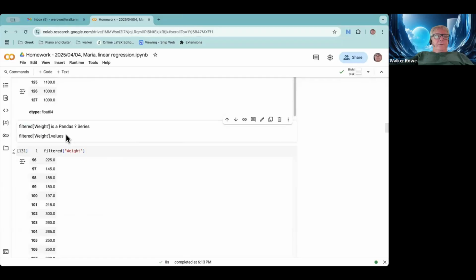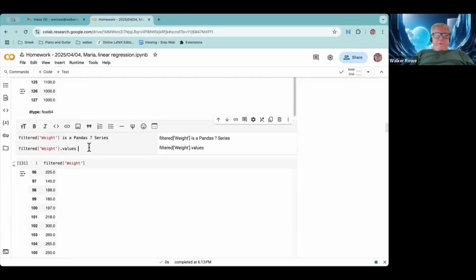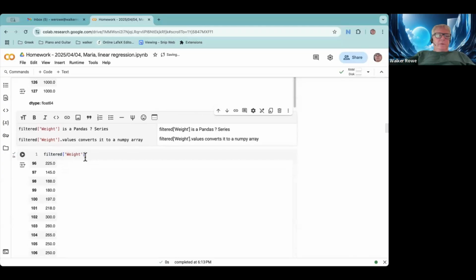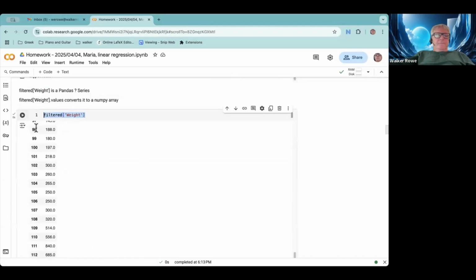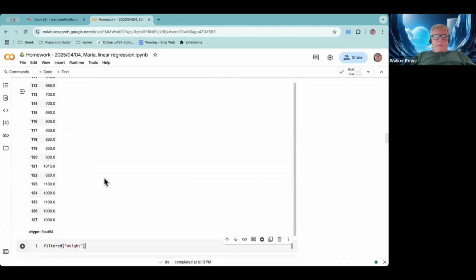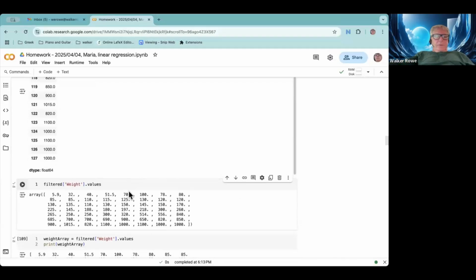But if we do values, that's just going to convert it to a Numpy array, because we only want numbers here. So we're going to do this. Values. There you go. It's a Numpy array.